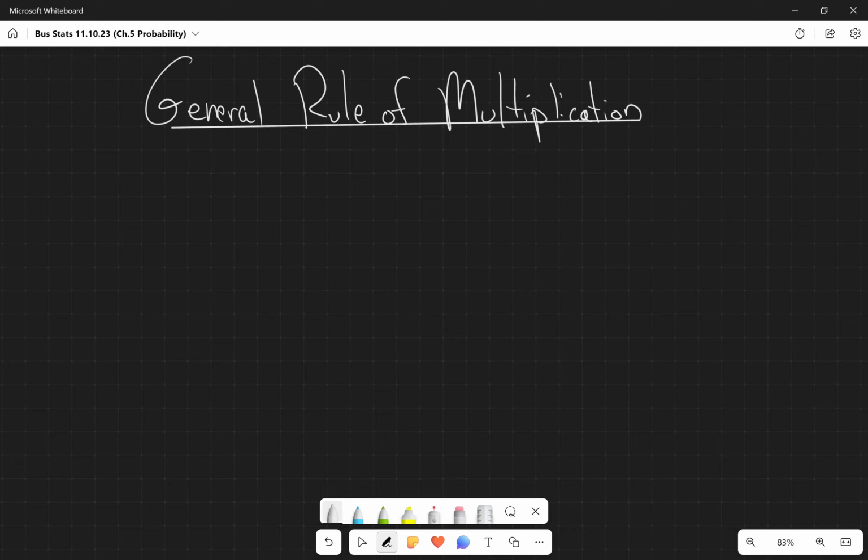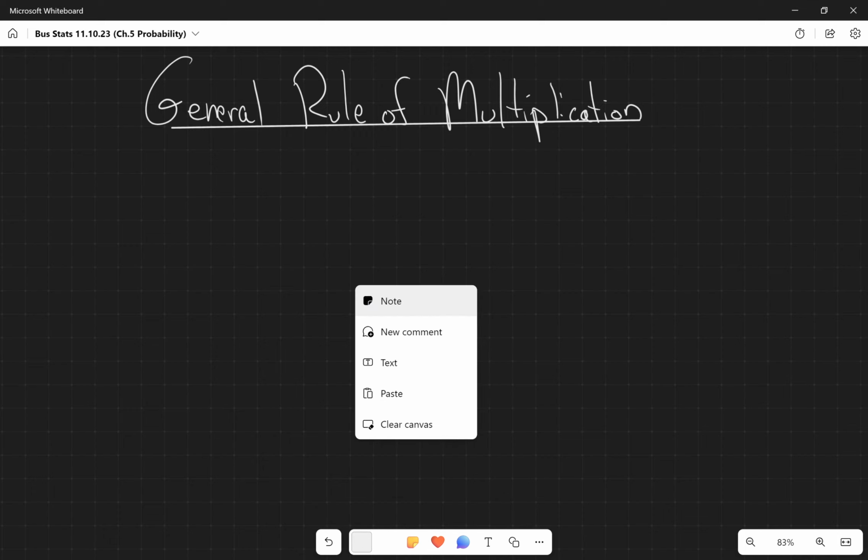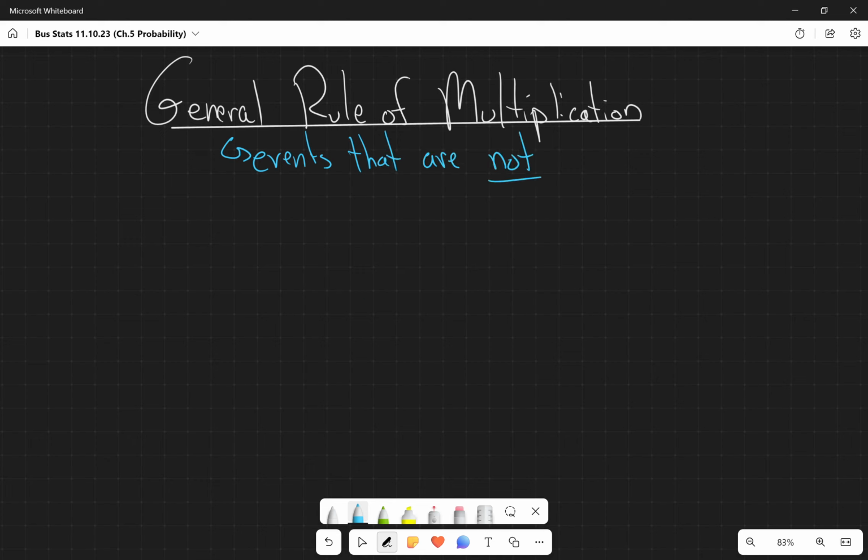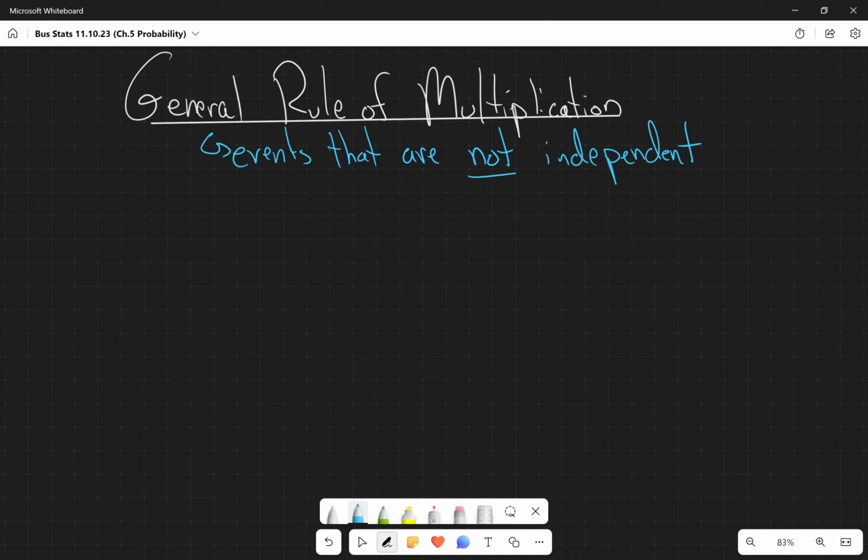Our general rule of multiplication refers to events that are not independent. When we have situations where events are not independent of one another, we have situations where conditional probability exists.